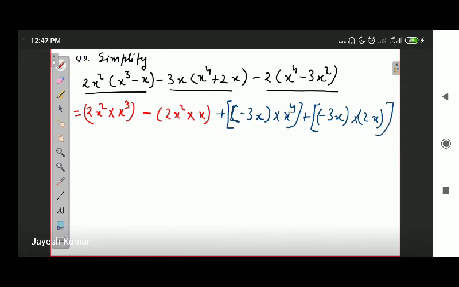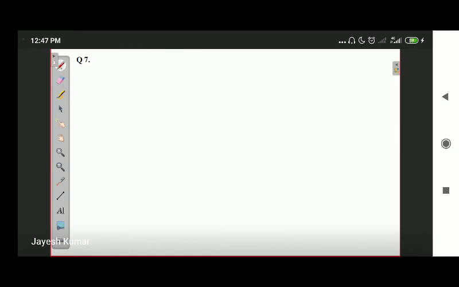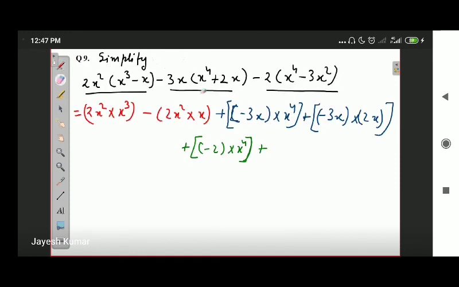Okay, you have to be very careful about the sign. Plus minus 2 is multiplied with x to the power 4, and this time minus sign, sorry, minus 2 is multiplied with 3x square.